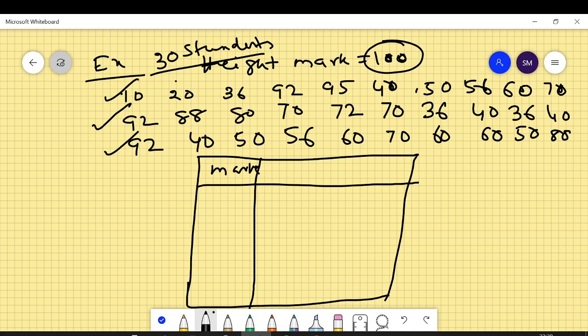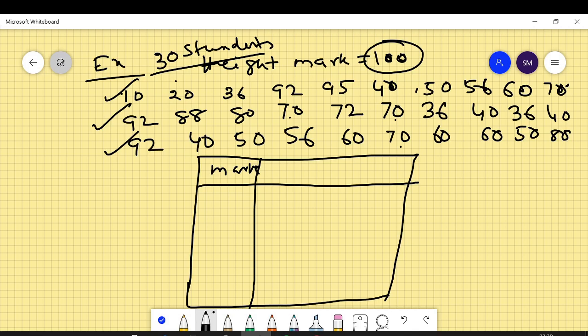Frequency means, suppose we ask how many students scored 70? 1, 2, 3, 4. Four students scored 70 marks, which means the frequency of 70 is 4.